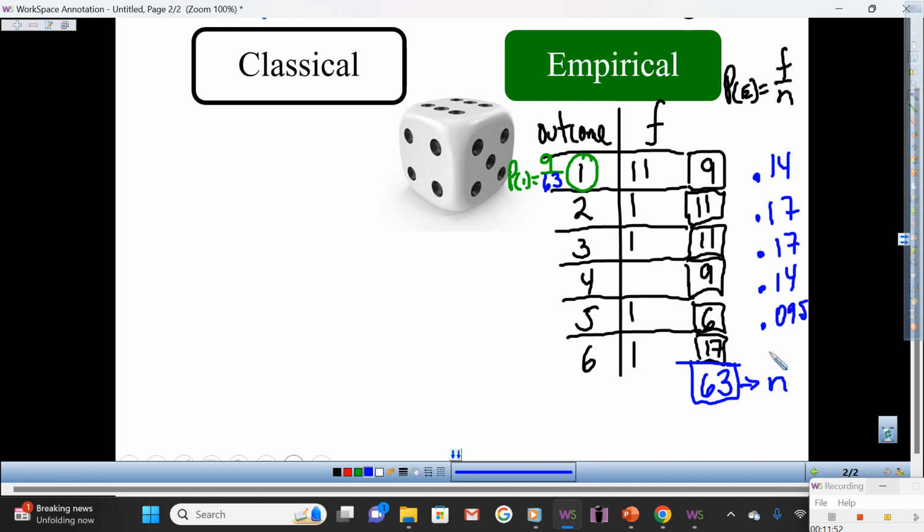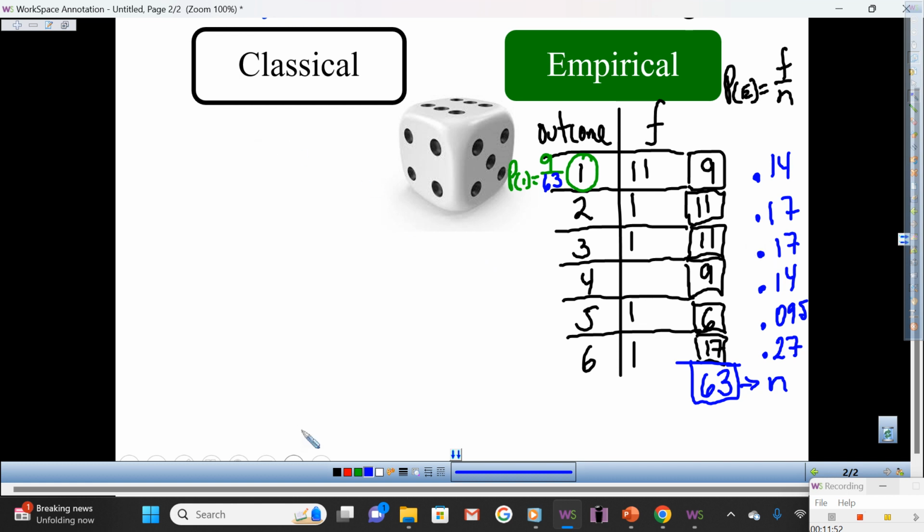Okay. And the last one? 0.27. Okay. All right. We good? All right. So let's leave that for right now, resting right there.